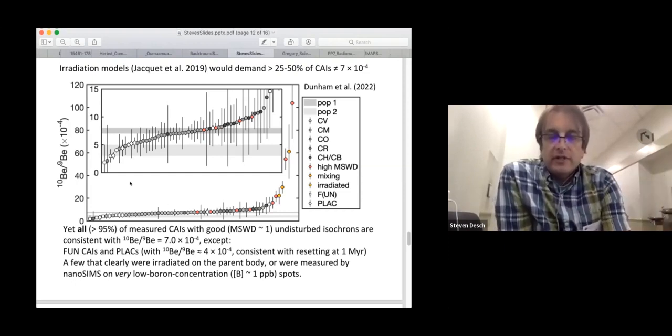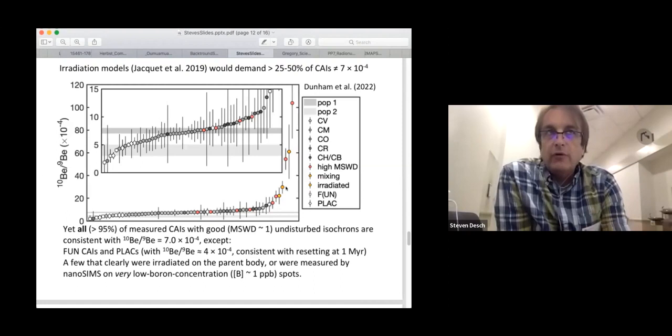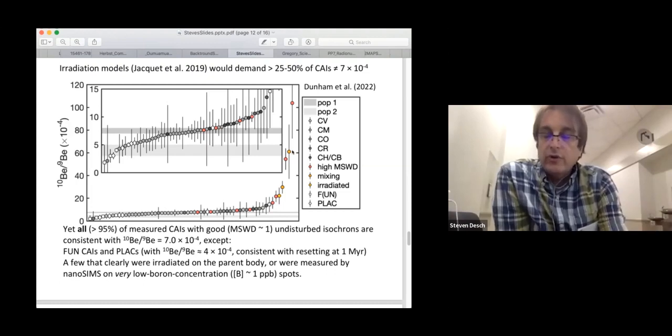This is a nice compilation of data from my collaborator, Emily Dunham, and this is in a paper coming out in May. What you see is that the beryllium-10/beryllium-9 ratio looks as if it's very variable, but in fact, the colored ones have something distinct about them that makes them unreliable probes of what the solar nebula had at time 0. These CAIs experienced irradiation on the parent body, which produced new isotopes, which messes up the analysis. And these are FUN CAIs that were disturbed at a later time in the nebula in distinct ways.